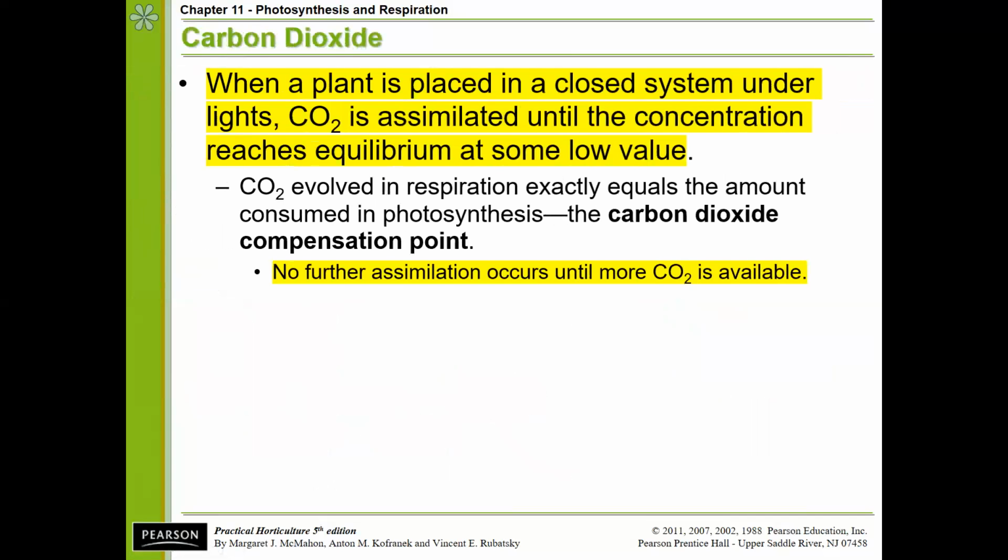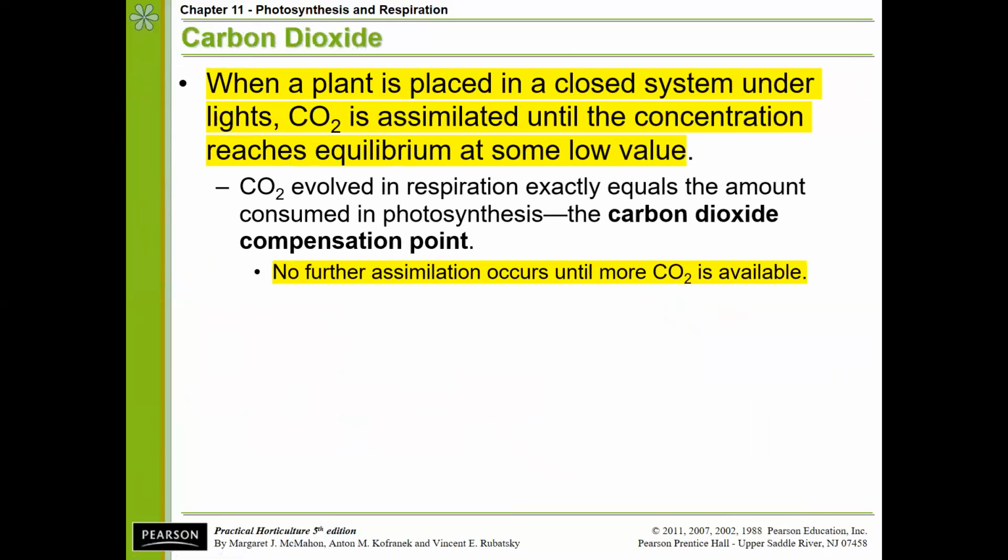When we actually place a plant in a closed system under light, we can actually look at carbon dioxide being assimilated until that concentration reaches equilibrium at some low value. And at some point, the carbon dioxide compensation point, there is no further assimilation until carbon dioxide is available.